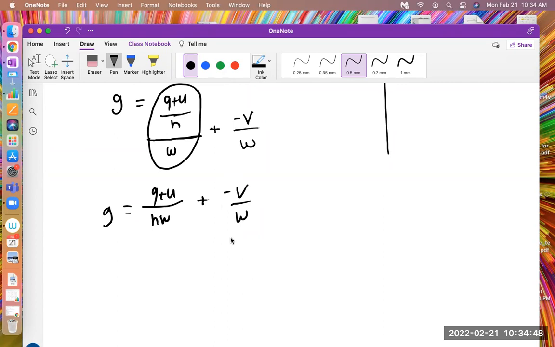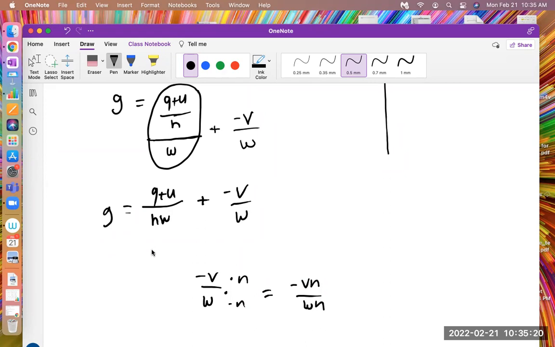I would notice how I have an n times w here, and this one just has a w. So if I want these denominators to be the same, I have to multiply this denominator by n, both on the top and on the bottom, right? So I'm going to get negative vn in the numerator and over wn.